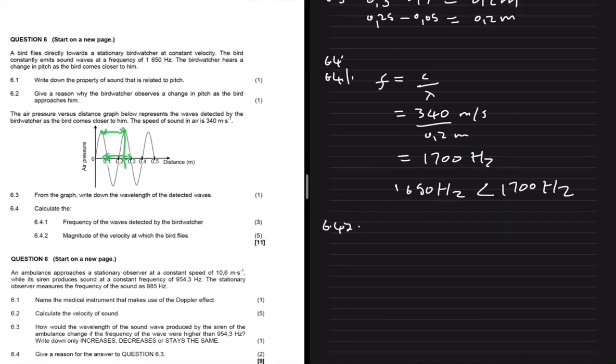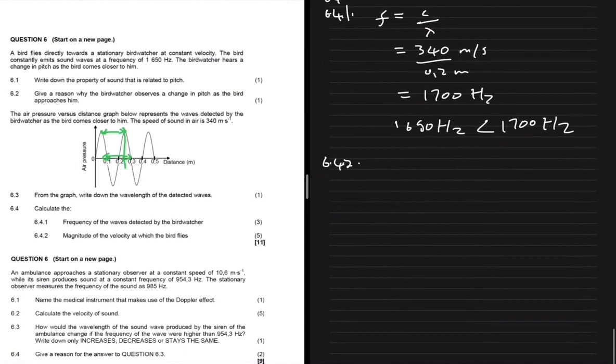6.4.2. It says magnitude of the velocity at which the bird flies. We have frequency, we have the speed of sound in air, we have the wavelength. So the formula we're going to use, the Doppler Effect formula, right?